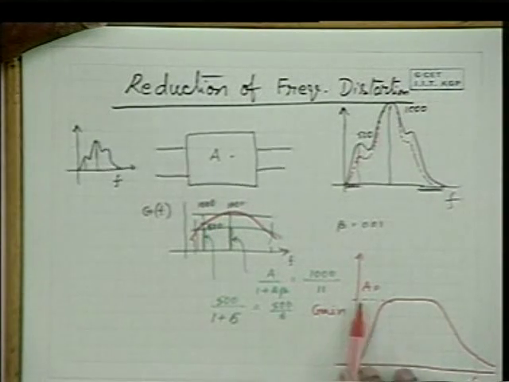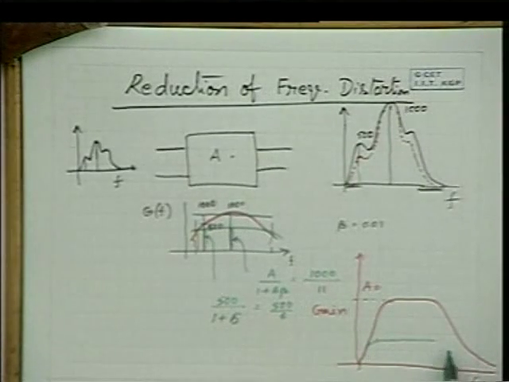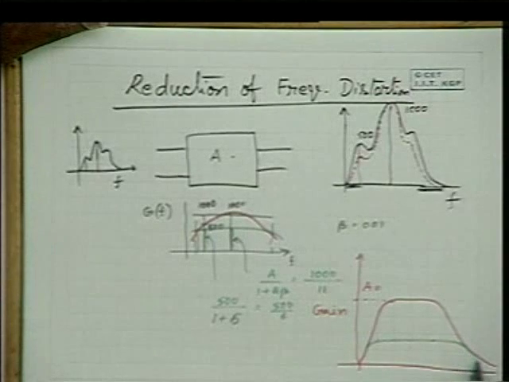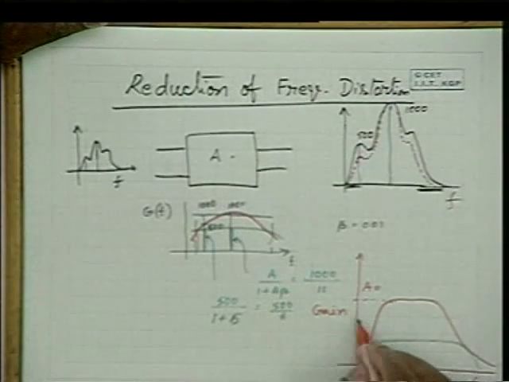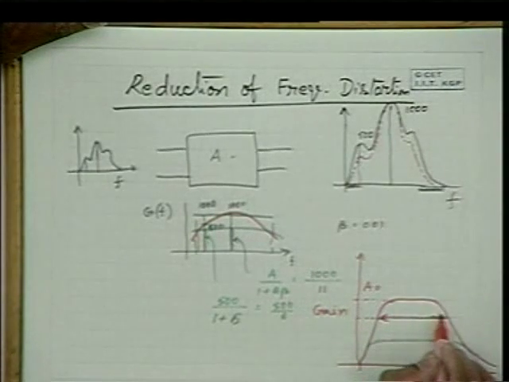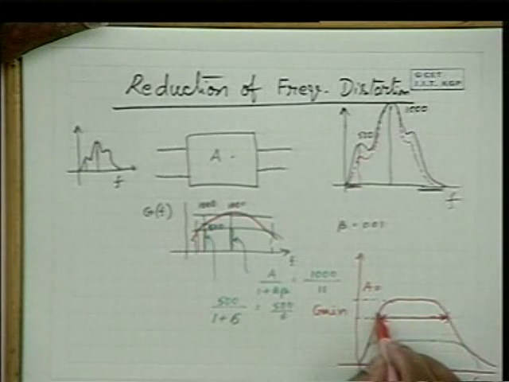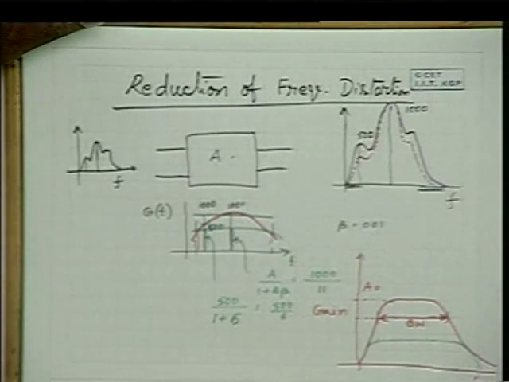Now, if this is the gain without feedback, with feedback the gain would be something like this. So this is the gain with feedback. Now say the 3 dB bandwidth of this amplifier is this. That means this is the 3 dB bandwidth of this amplifier, bandwidth without feedback.